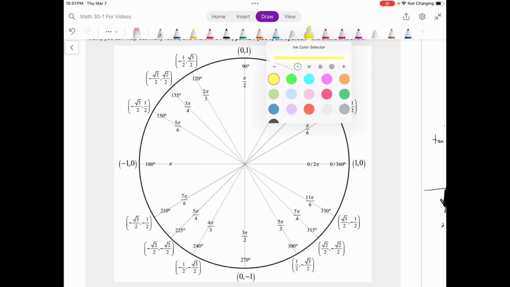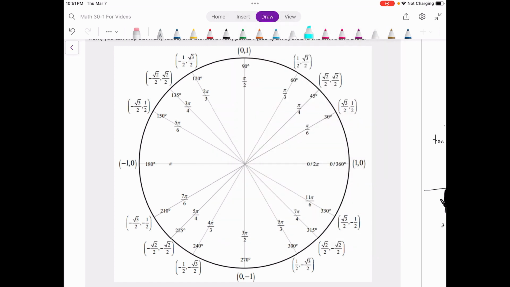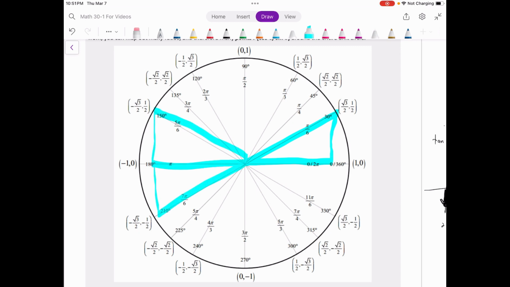Notice what's happening here, okay? All the unit circle is, look, here's our 30-degree special triangle, or our 30, 60, 90, I should say. Here it is in quadrant 2. Here it is in quadrant 3. Here it is in quadrant 4. I could do this for the 45-degree triangle as well.